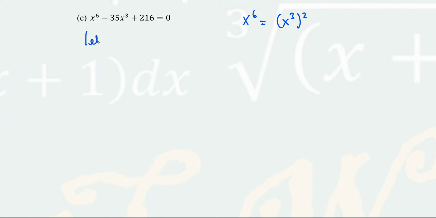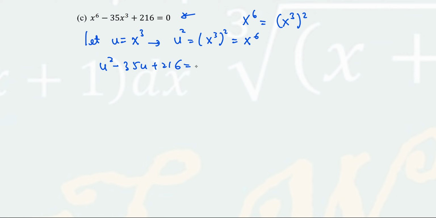Alright, therefore I will let u be x cubed. Hence, u squared is the square of x cubed. That is going to be x power 6. So therefore, the original equation becomes u squared minus 35u plus 216 equals 0.